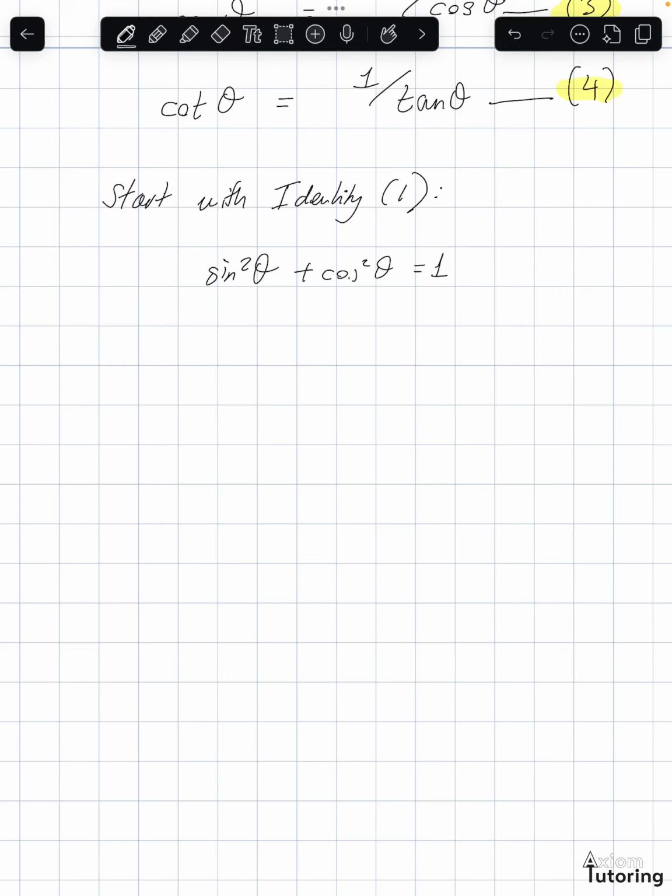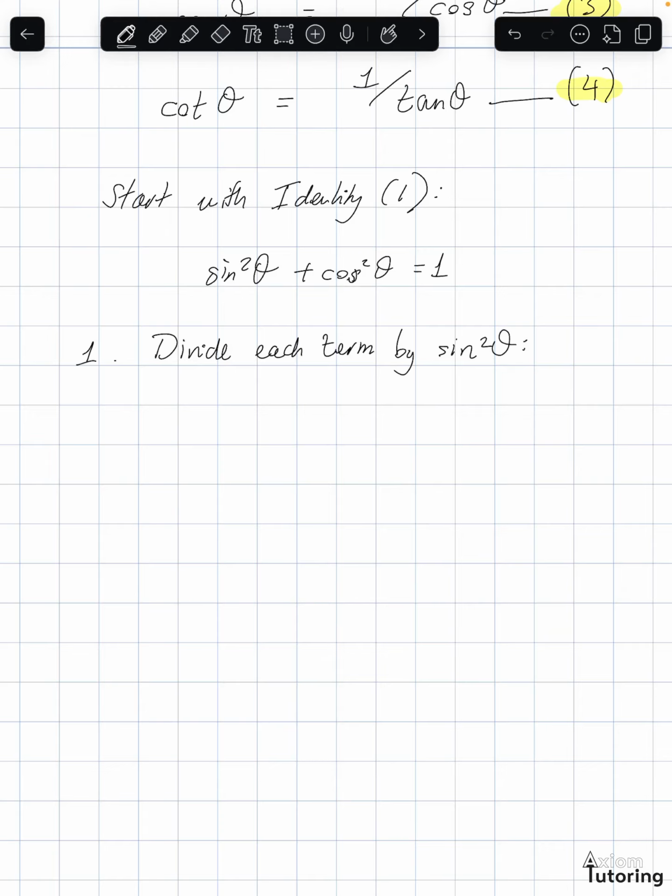And what we're going to try to do first is divide each term by sine squared theta. So let me just make that a bit clearer.